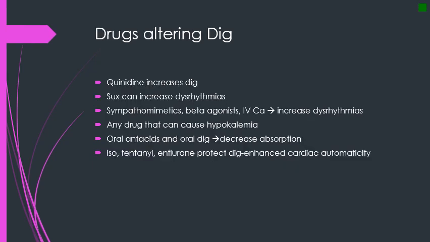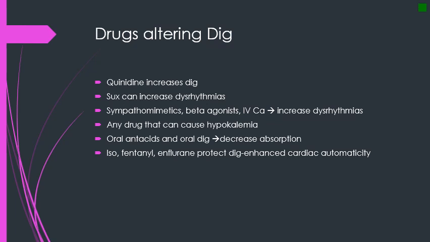What medications alter digoxin? Quinidine increases digoxin. Sux can increase the dysrhythmias that are associated in combination with digoxin. All of your sympathomimetics and IV calcium can increase your dysrhythmias because of the effects that we've already discussed. Any drug that can cause hypokalemia can cause digitoxicity and can prolong the effects of the digoxin.